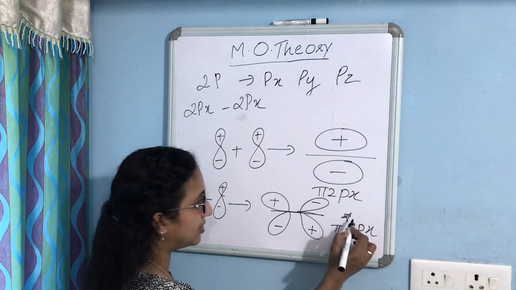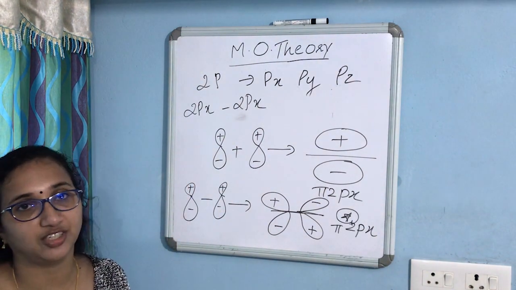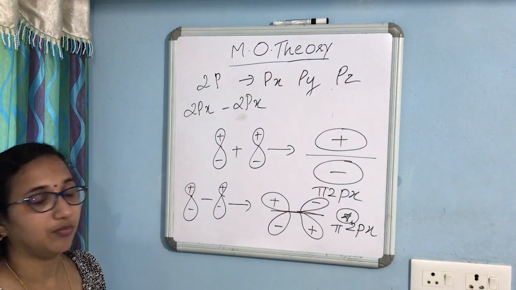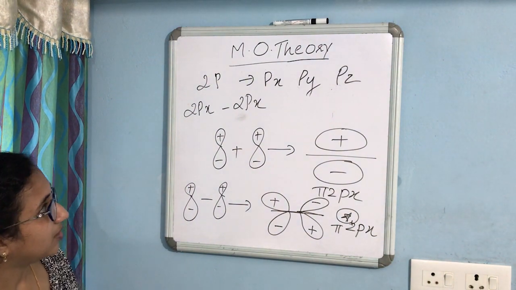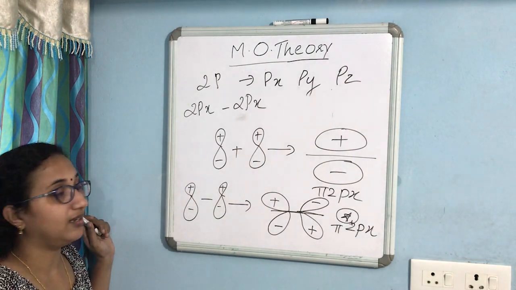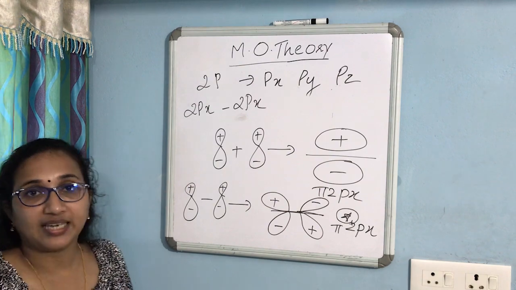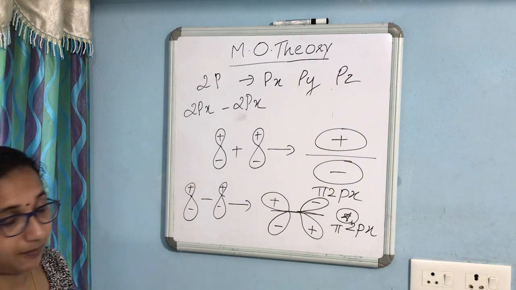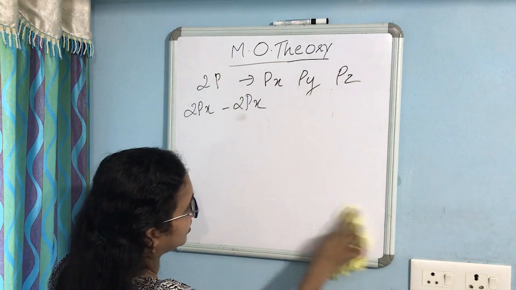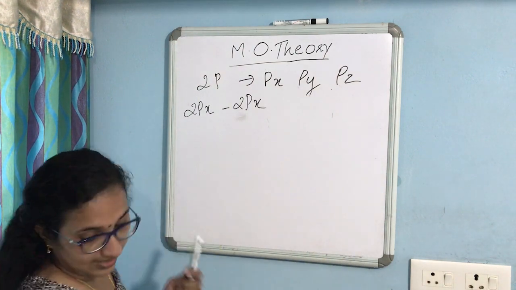We know whenever there is a star symbol, that represents anti-bonding, which will have higher energy than the bonding molecular orbitals. So in the same way, the 2py and 2py combine to give pi 2py and pi star 2py. So this pi bond is formed in the same way for 2px and 2py.